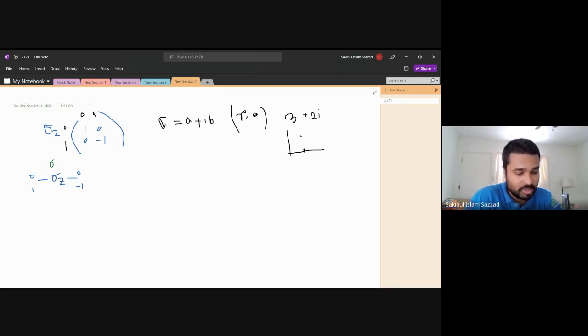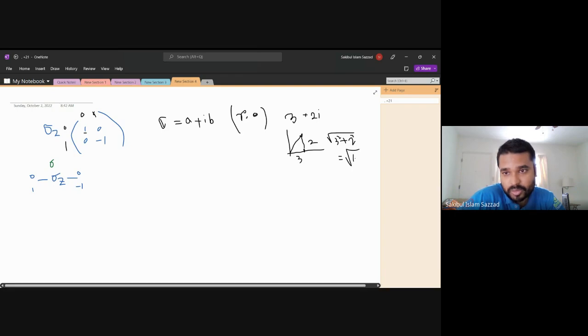For complex, if this is 3 and this is 2, we apply Pythagoras, and it will be square root of 3 squared plus 2 squared, which is square root of 13.